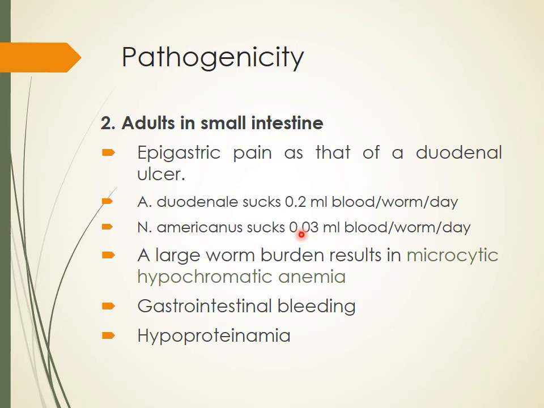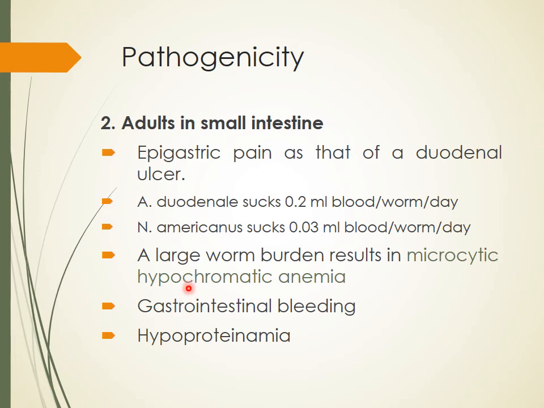So there is constant blood loss, and when the worm burden is very huge, it results in anemia, typically iron deficiency anemia, because there is a depletion of the iron depot due to chronic and constant blood loss. The patient would be suffering from iron deficiency anemia.